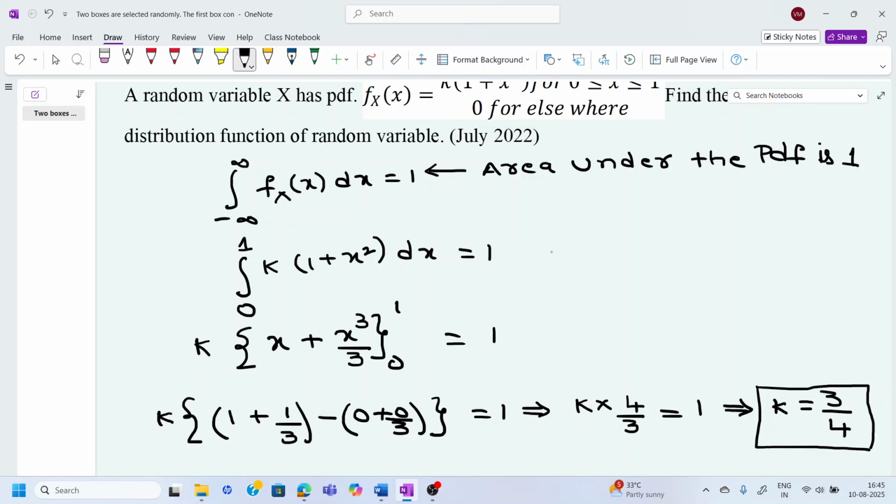The second part is we have to find the distribution function. The density function is given, and we have to find the distribution function.